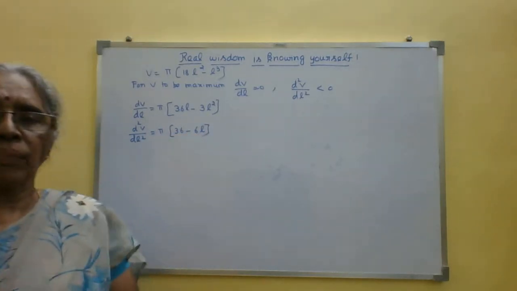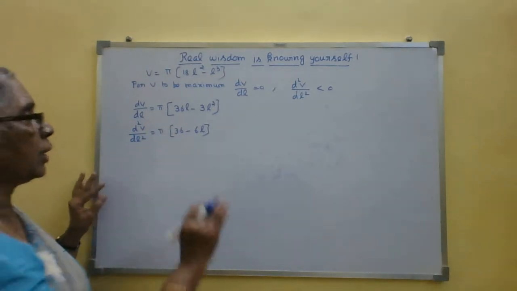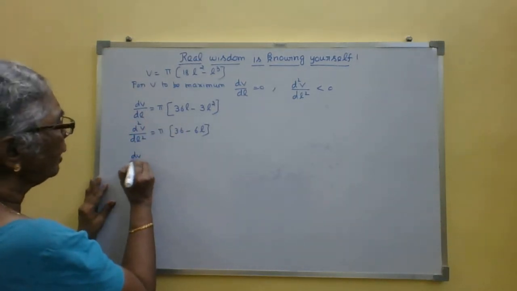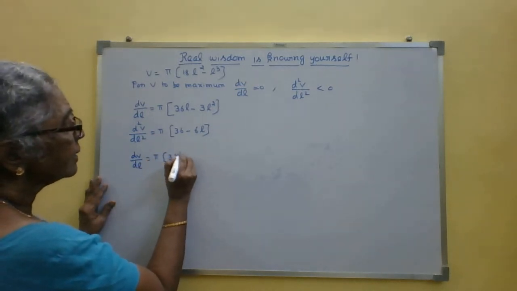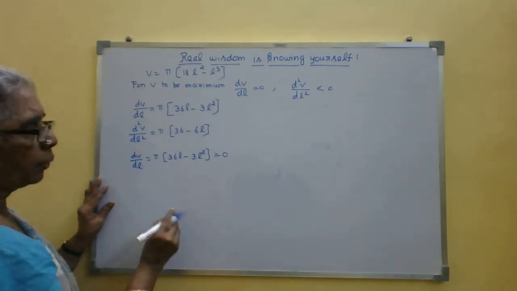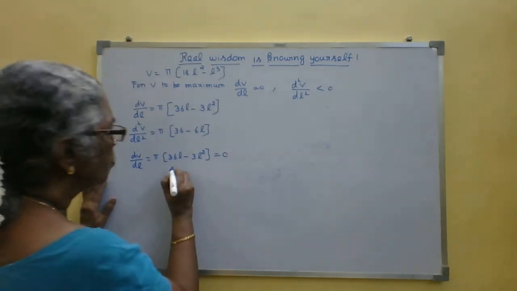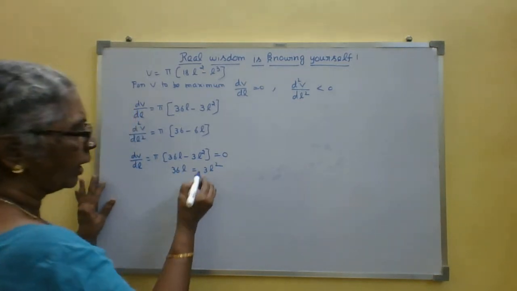So now the differentiation part is over. Equate the first derivative to 0. So dV by dL is equal to pi into (36L minus 3L squared), that is equal to 0. Pi cannot be 0. So 36L will be equal to 3L squared.